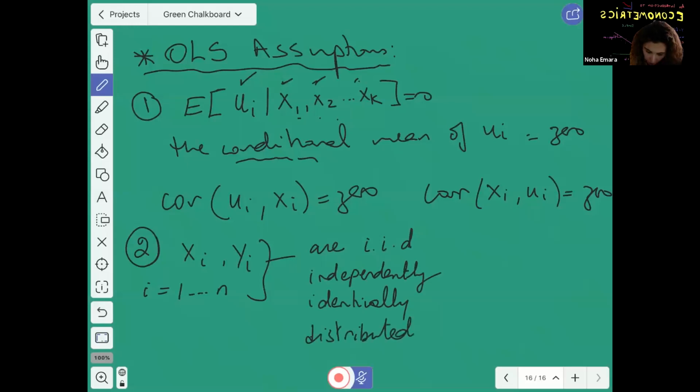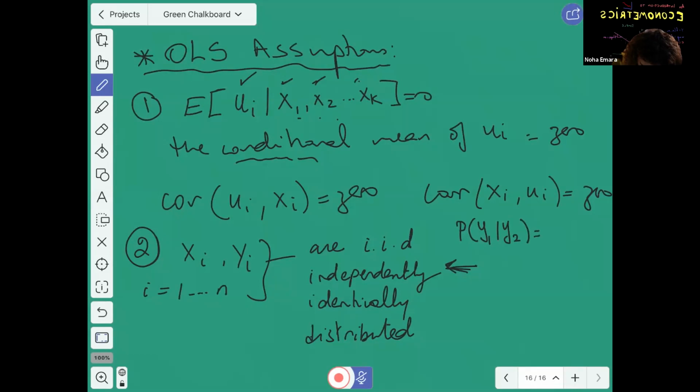What does that mean? Independent is an important assumption, and it basically says that if I pick the first individual, and let's call the first individual Y1, and you give me some information about the second individual, it will not help me.